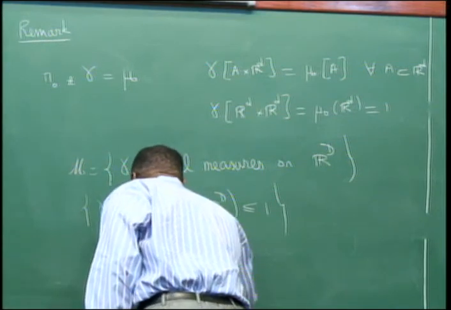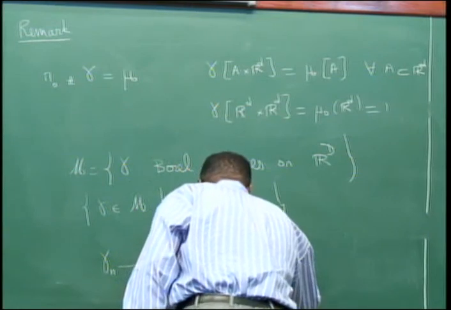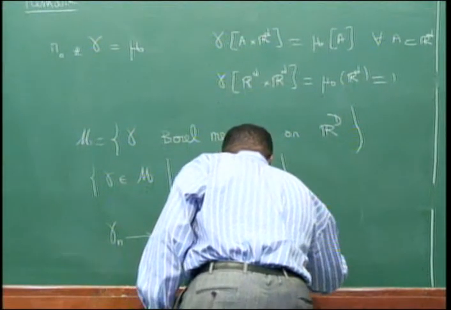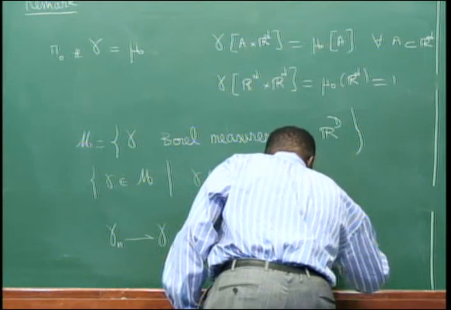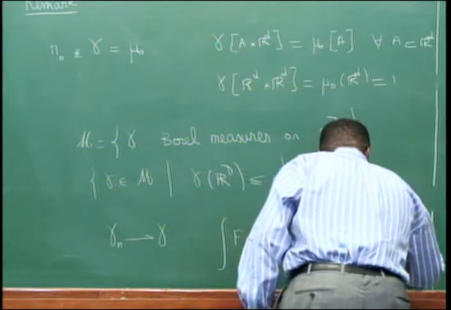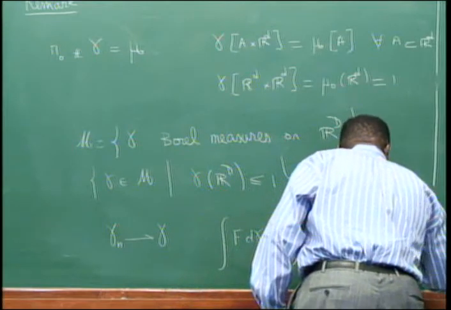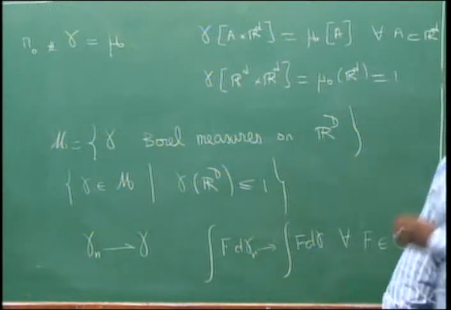So in fact, it is compact, meaning gamma n converges weakly to gamma means the integral of f d gamma n converges to the integral of f d gamma for every f which is continuous of compact support on R^d.